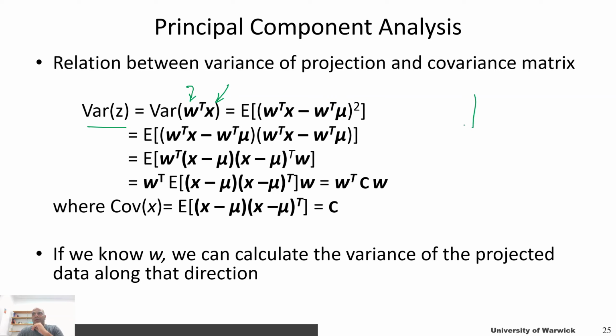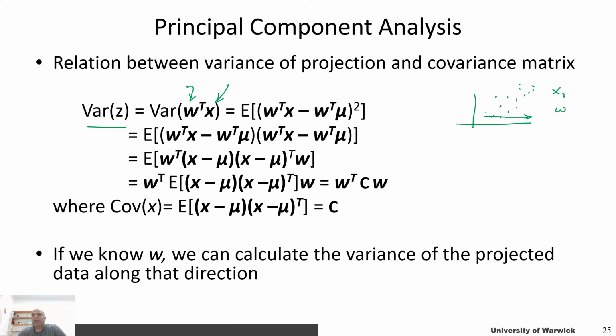So let's say you've got a data point or a bunch of data points, and I'm going to call these X, okay? And you've got a vector W. What we want to measure is how much variance the data has after the projection.